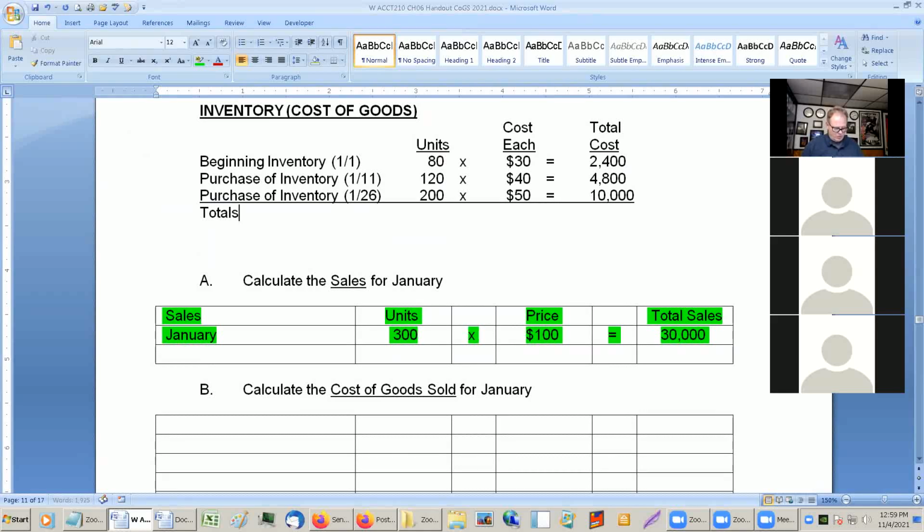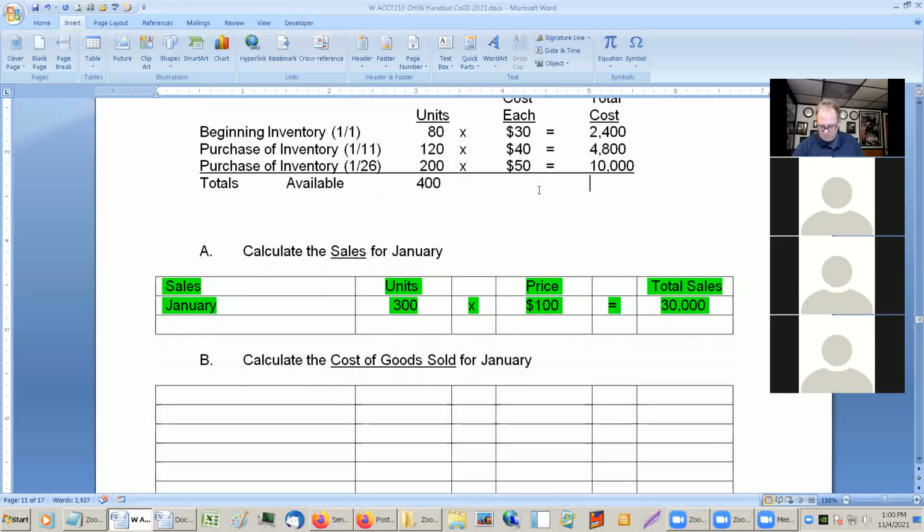Oops, totals. So we have total units we have available is 400. I missed how you spell available. So 400 units, and this is what, 17,200?